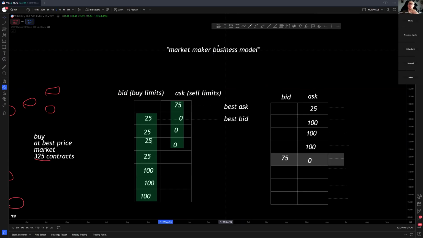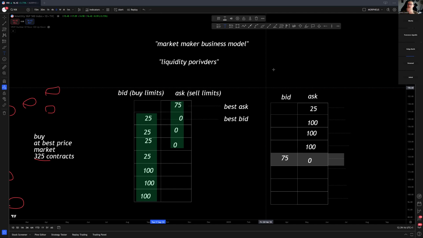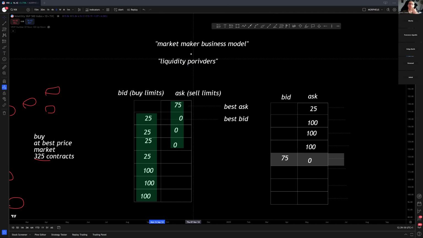The market makers are big institutions, big participants, acting as liquidity providers. So they provide liquidity to the market.